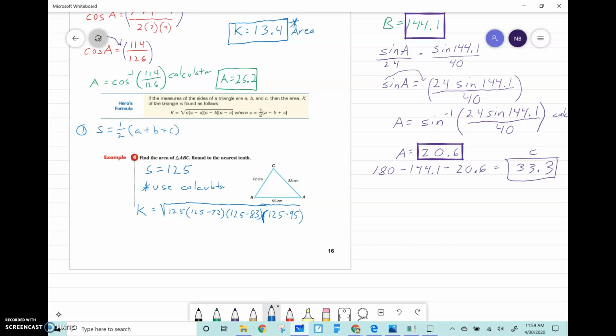Now when you put all that into your calculator, you're going to get K equals 2889.2.